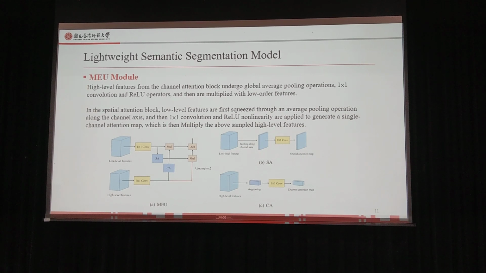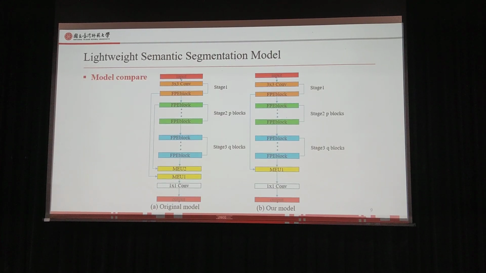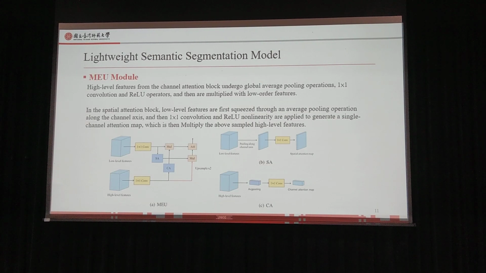And this is the decoder part. The decoder part is the MEU module, because high-level features undergo the global average pooling operation and 1x1 convolution, and then they are multiplied with low-level features. The MEU module is the part we delete.